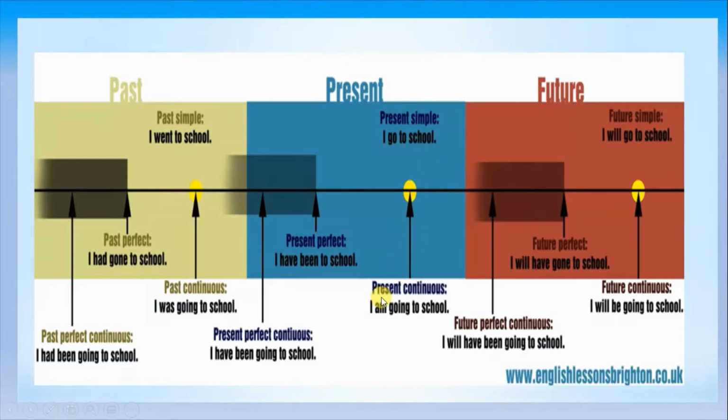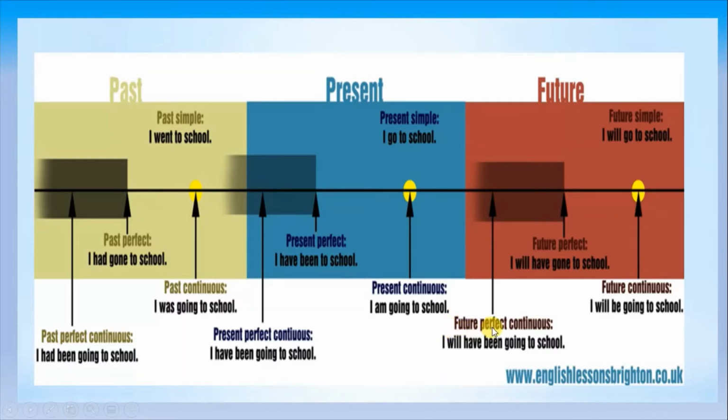The other tense is present continuous. It is very clear because it's continuous until now, until the time of speech. Thus, it's continuous in the present tense. As an example, I'm going to school right now. I'm going, an action in progress. For the future, we also have the future simple: I will go to school.